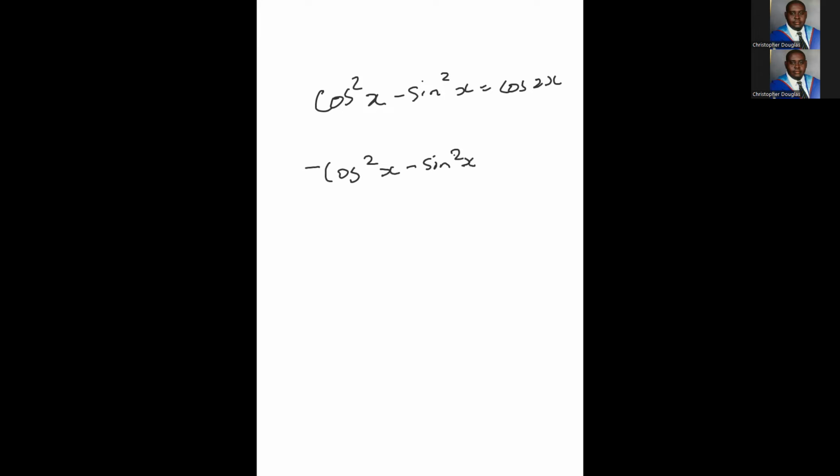Remember, we looked at this in class. If both of them are negatives, I can factor out the negative. So if I factor the negative, I would have cos squared x, the sign here is going to change to plus sine squared x. So therefore, technically, this is really saying negative of 1, which is negative 1. So this now is equal to negative 1.